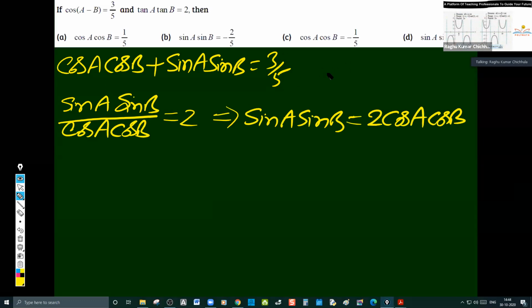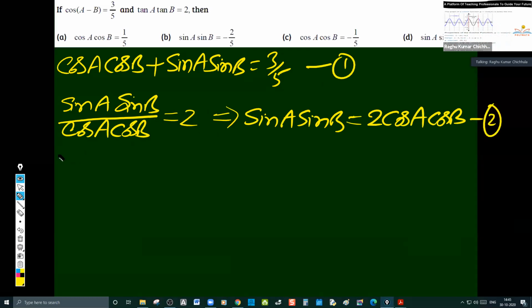So let us take this as equation 1 and this as equation 2. And according to the options, you need cos A cos B and sin A sin B. That means you have to find out cos A cos B and sin A sin B. So let us substitute the second equation in the first equation.